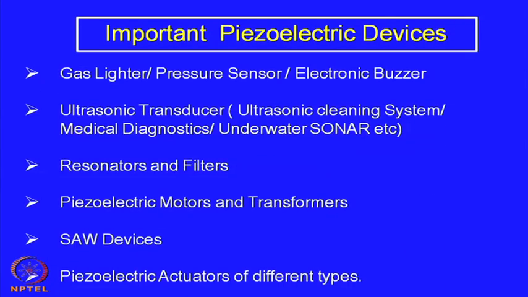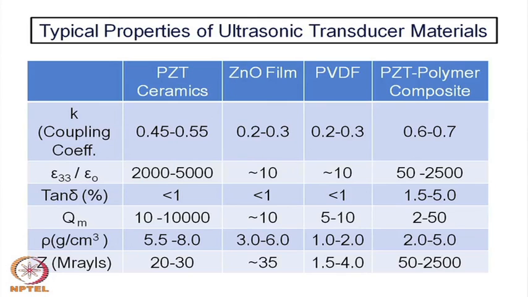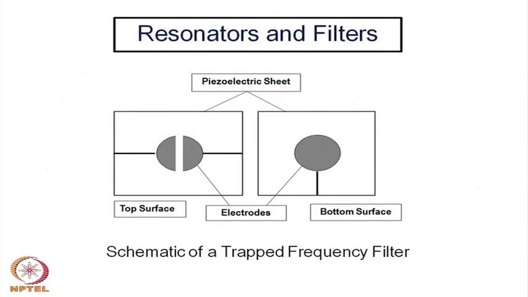And the construction of such filters is like this. This we have discussed, sorry. Yeah. So, this is resonators and filters. In fact, it is a thin wafer kind of piezoelectric system, and then you have two electrodes. One is the bottom electrode, which is a fully circular electrode, whereas the top electrode has been bifurcated into two pieces, isolated by an insulator.